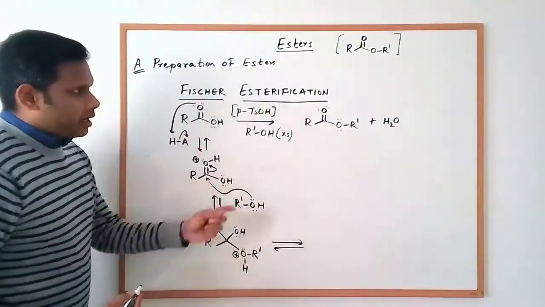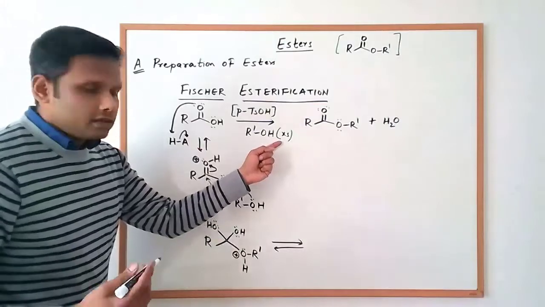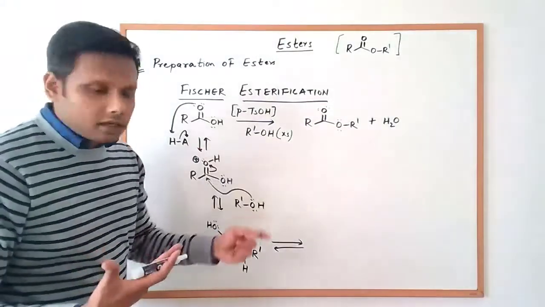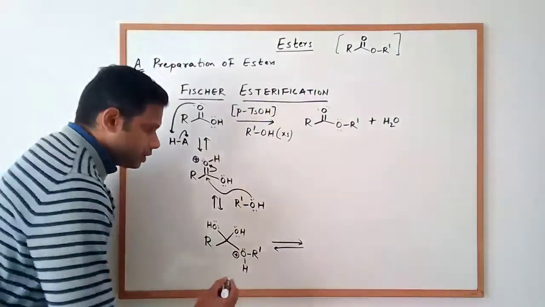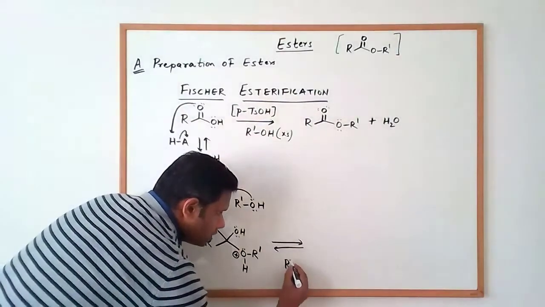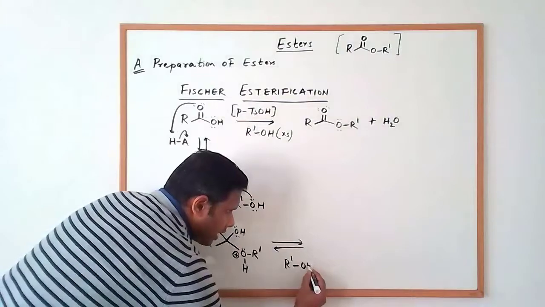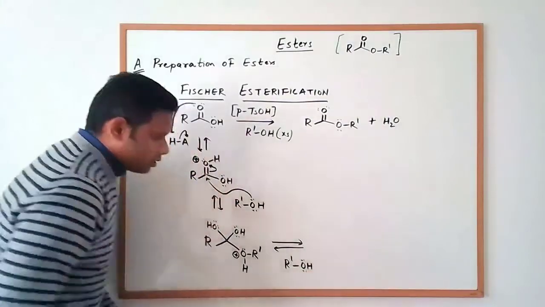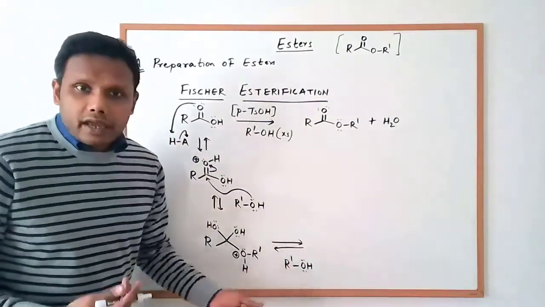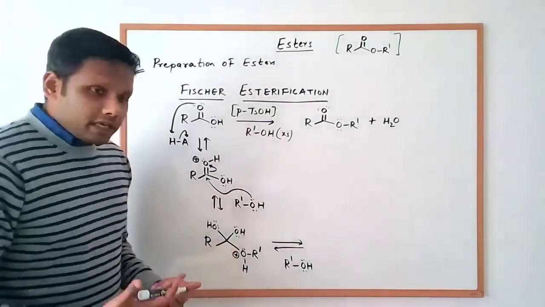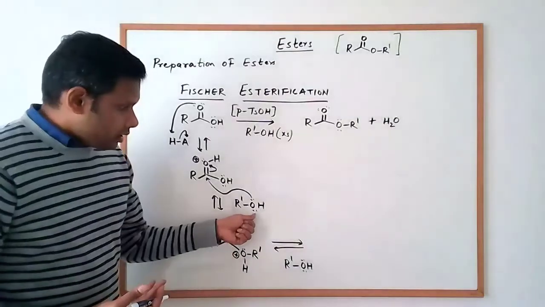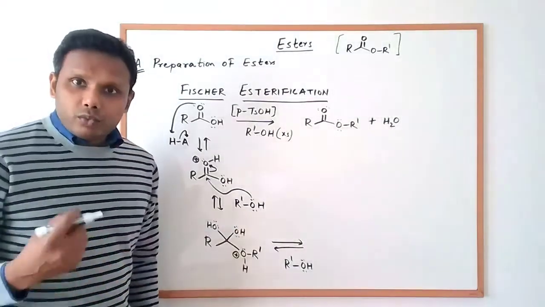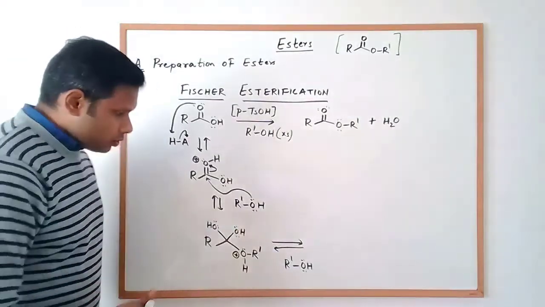And since this reaction is usually done in the presence of excess alcohol, which means you use the alcohol as your solvent for the reaction, we can use the alcohol for the deprotonation. The alcohol can act as a base. And again, recollect from SN1 chemistry that the alcohol can serve as a weak base as well as a weak nucleophile.